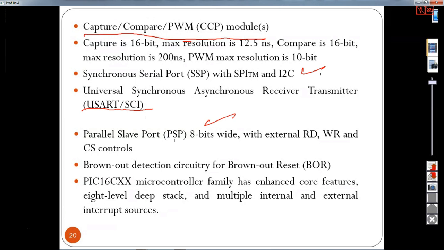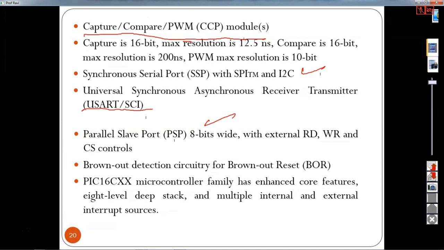Now, if you see the architecture of the PIC microcontroller, it is Harvard architecture.